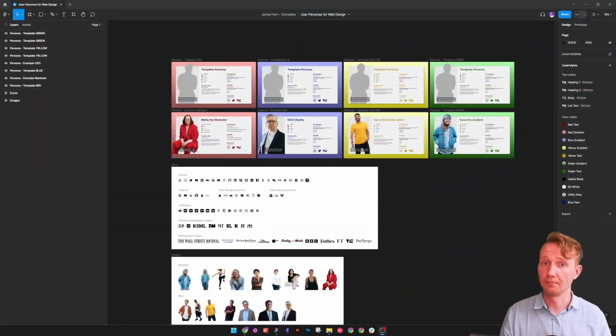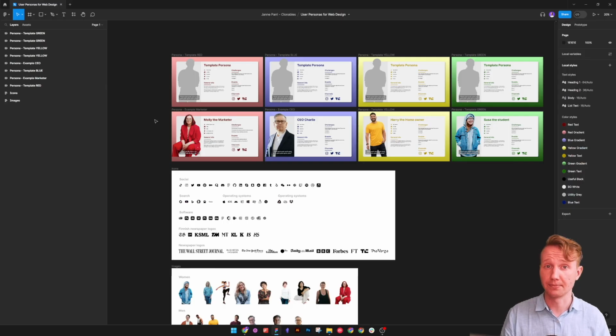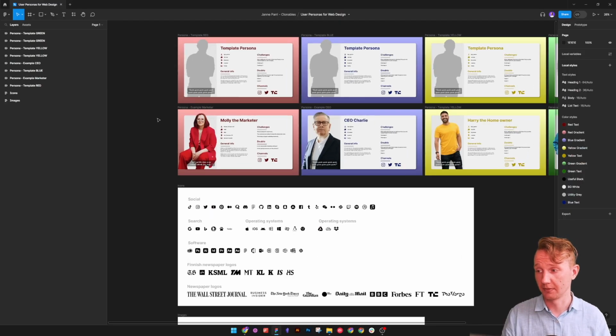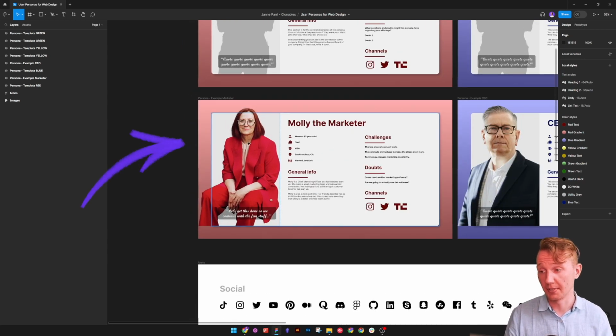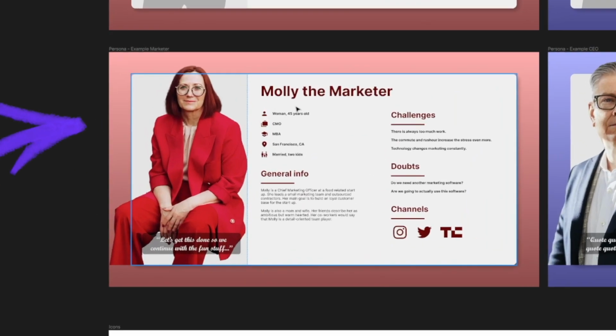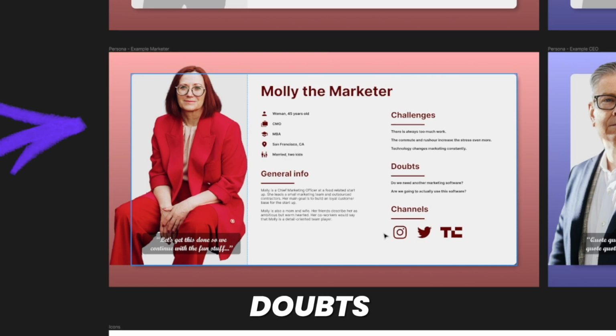Of course, the important topic is what to include in these personas. It should be detailed enough to be relatable, but at the same time easy to read. For example, here's Molly the marketer. There is a picture of her, some specific details, general information, and quotes, challenges, doubts, and channels.